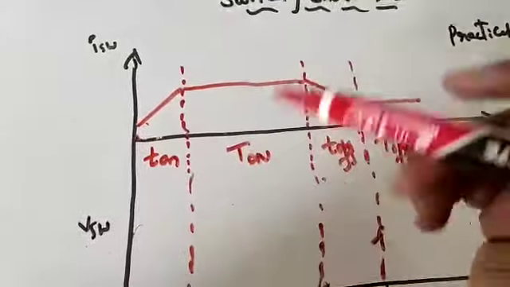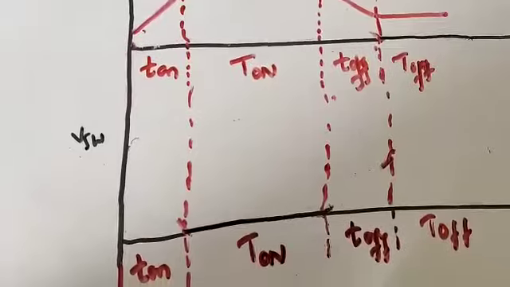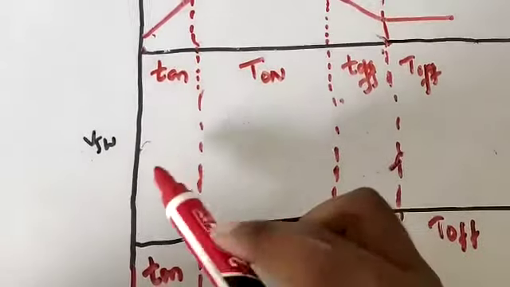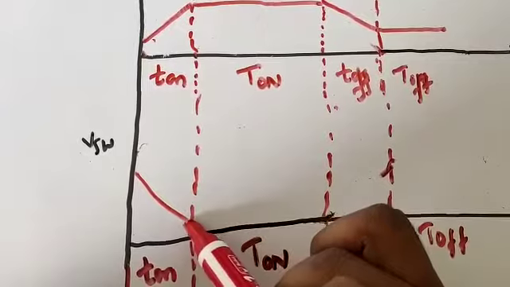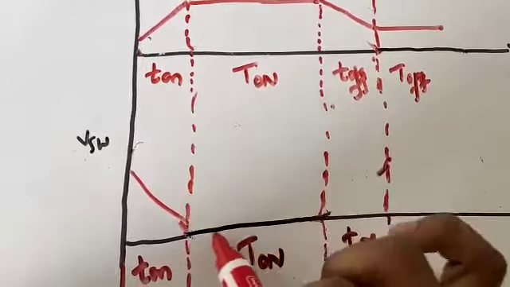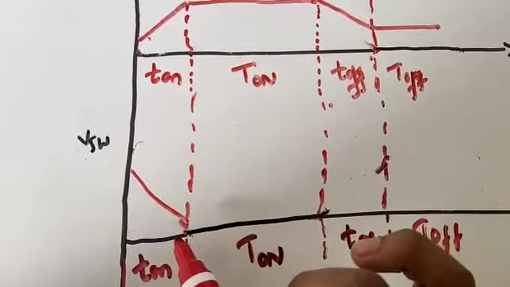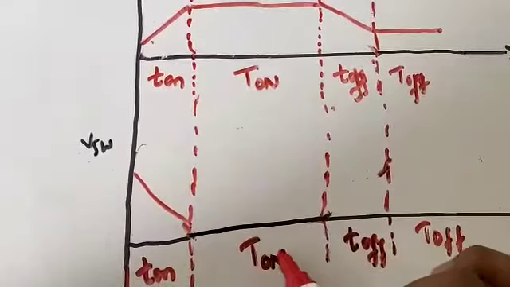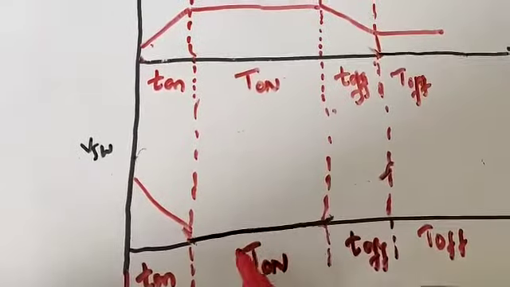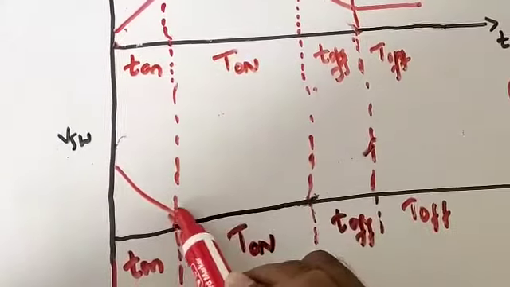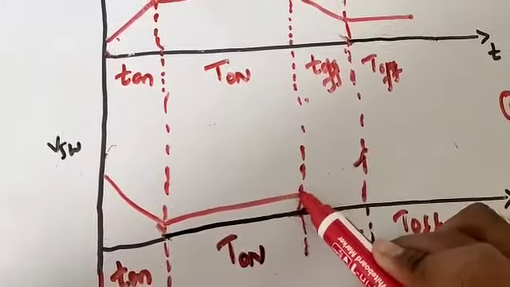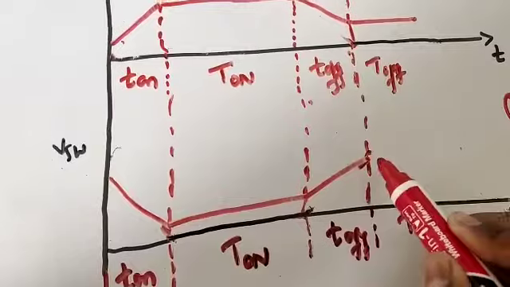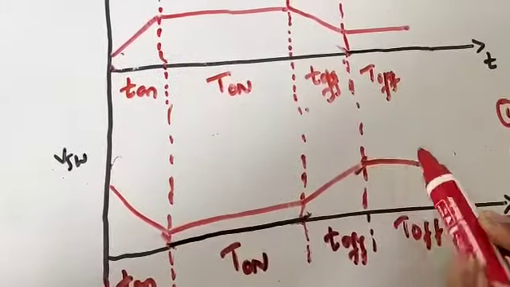Now coming to the voltage characteristics, as it falls from a particular value, it does not reach zero, as there exists some on-state voltage. Hence the voltage does not reach zero in the T on state, and it attains a small value, and finally it has this kind of characteristics.